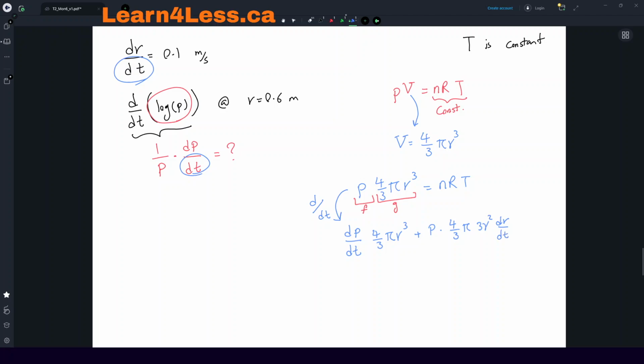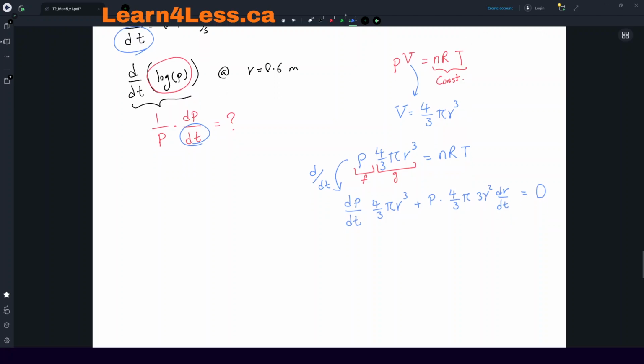We explained how it happened because of the chain rule. And the right-hand side, what is the derivative of nRT? All the pieces on the right-hand side are constants, so the derivative of that would be simply 0.